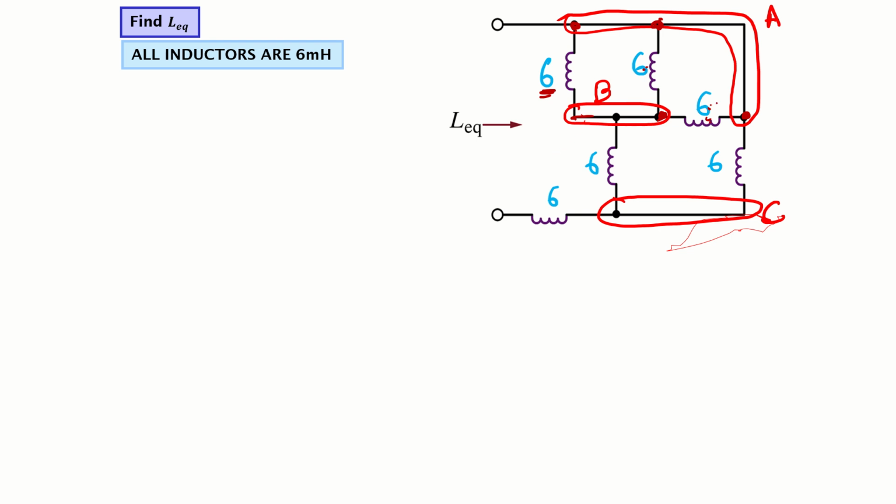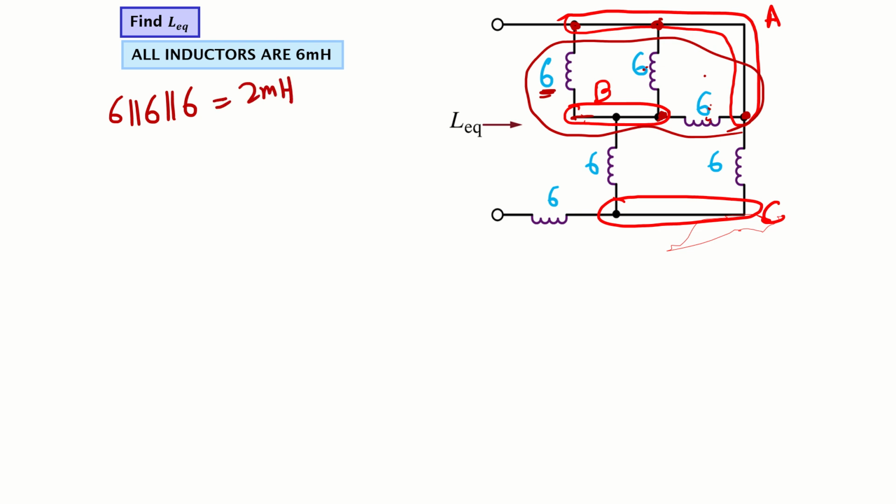This means all these three are basically in parallel. So 6 parallel with 6 parallel with 6 will give me a simple inductance of 2 millihenry.